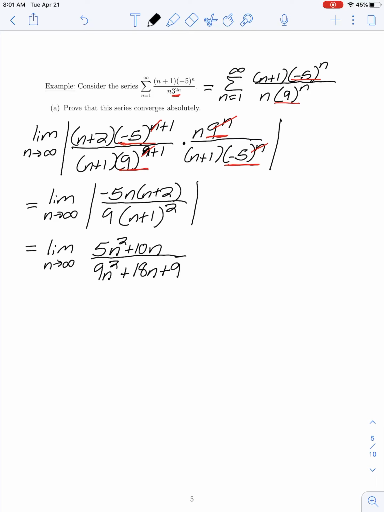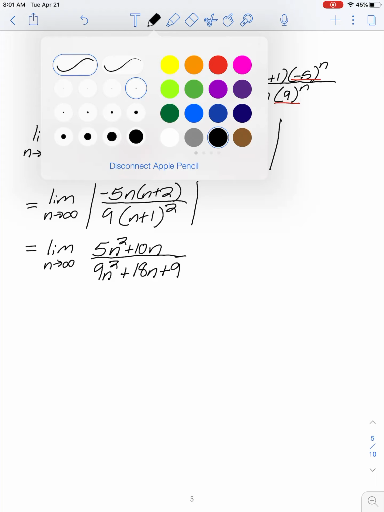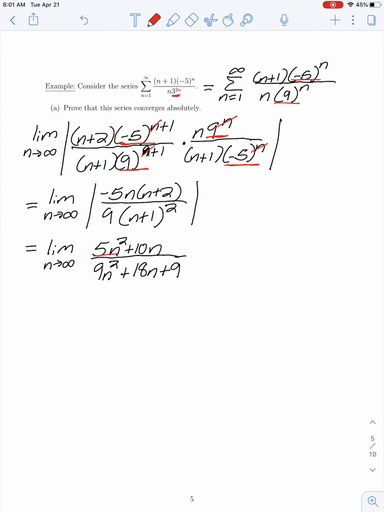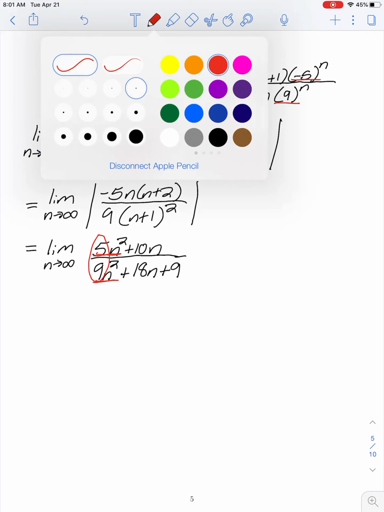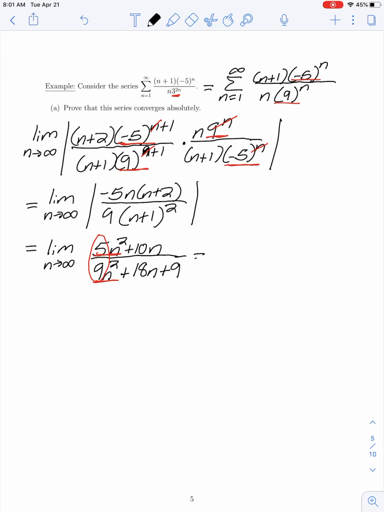So we're left with the infinite limit of a rational function where we have the same highest power of n, that is n squared on top and bottom. So our limiting value is then the ratio of those lead coefficients. So in this example, 5/9, which is less than 1. So we're guaranteed that this series converges absolutely by the ratio test.